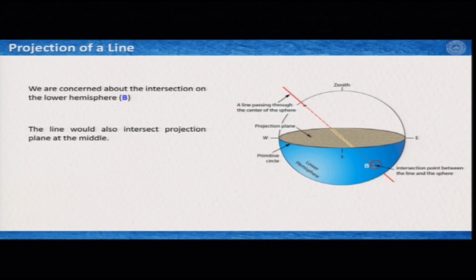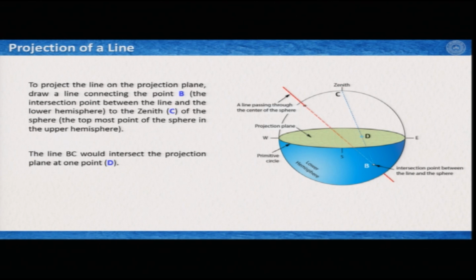So, this point B, which is actually the line, would also intersect at the middle point of this projection plane or the primitive circle. Now, to project this line on this primitive circle, the task is to draw a line connecting the zenith of the sphere, which is the point C here, and the point B, that is the intersection point between the line we are concerned with and the sphere.